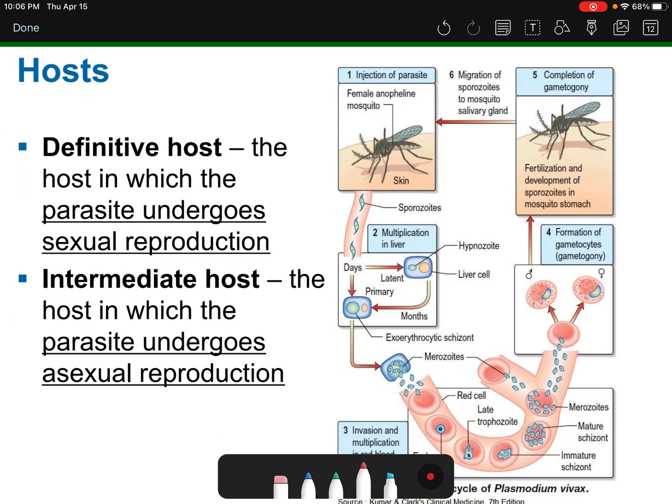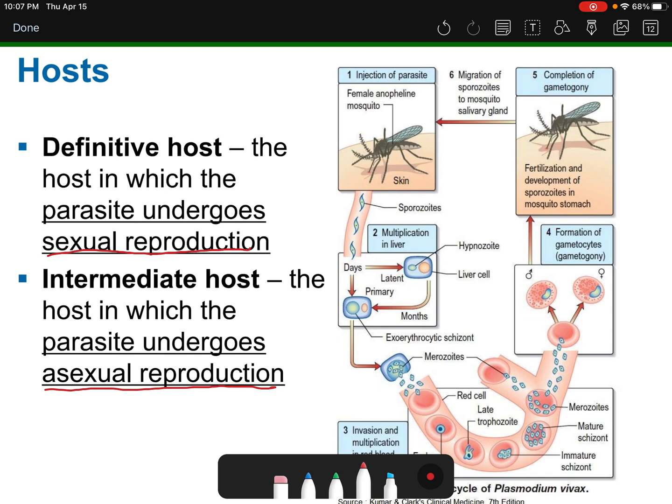As far as their hosts, we can break them down into two parts. A definitive host is the host in which the parasite undergoes sexual reproduction, when it's going to reproduce in them. An intermediate host is the host in which the parasite undergoes asexual reproduction.